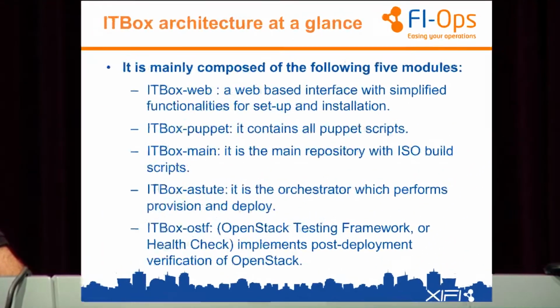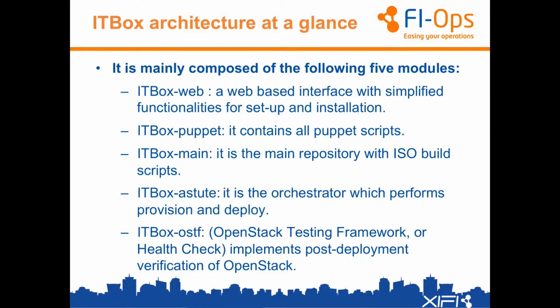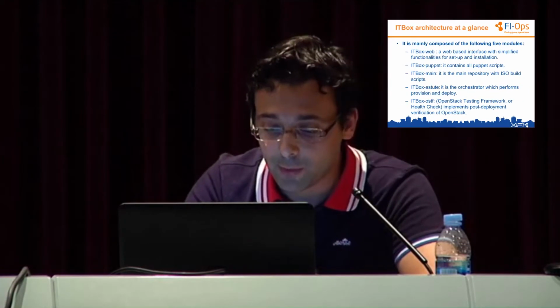The ITBox is composed of 5 independent modules. There is the ITBox Web project, which is a web-based interface. The ITBox Puppet contains all the Puppet scripts that run the installation on a node of the environment.